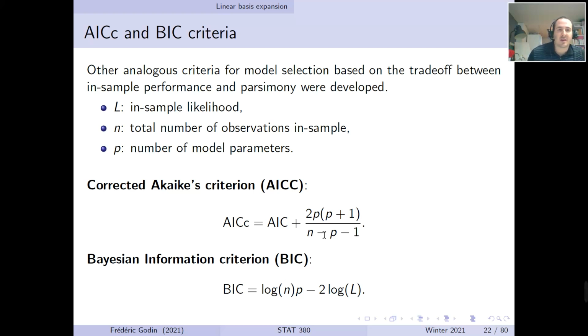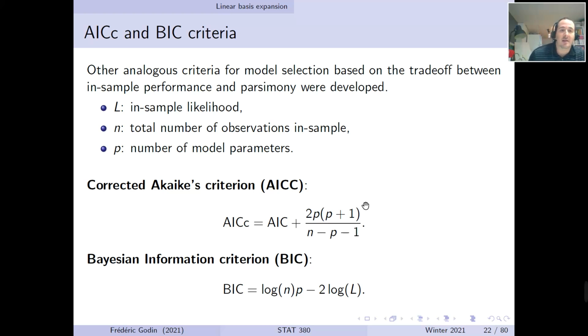So we see here in the AIC model, the penalty was not impacted by the number of observations directly. Of course, the number of observations would impact the likelihood, but there's no n appearing in the penalty, where here we see that adding this value adjusts the penalty for the sample size.